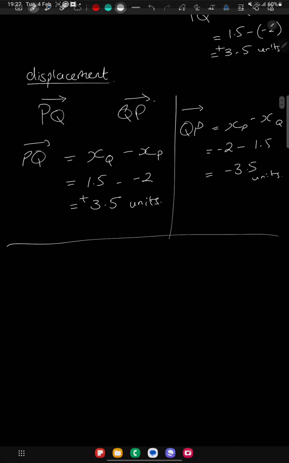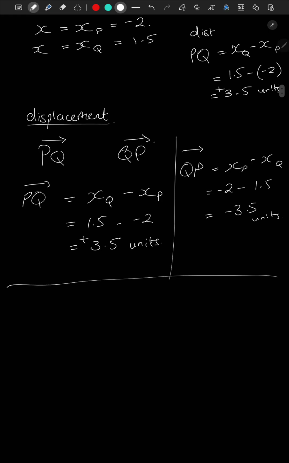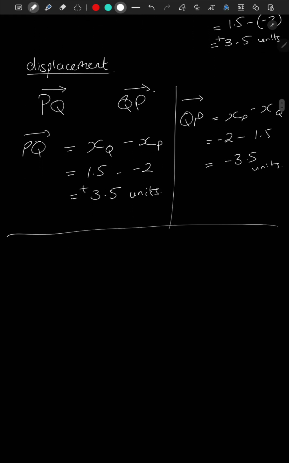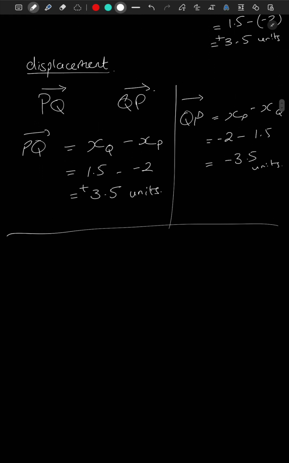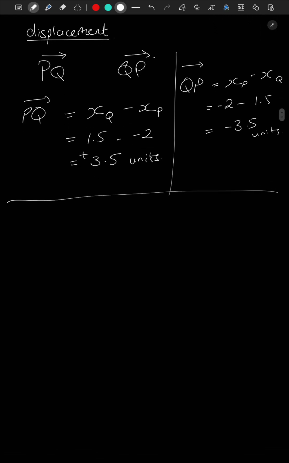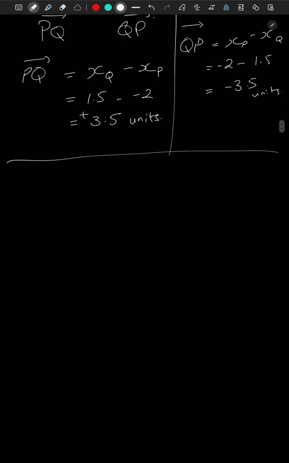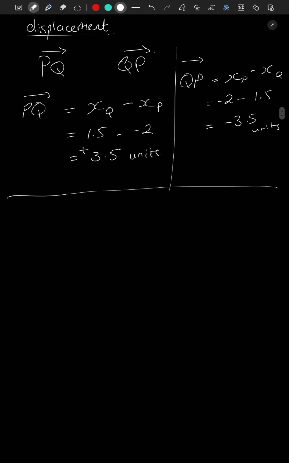Okay. So this new quantity is now called displacement because it is represented by either a positive or negative sign, unlike the distance, which is only represented by a positive sign. So we have already calculated the two vectors.